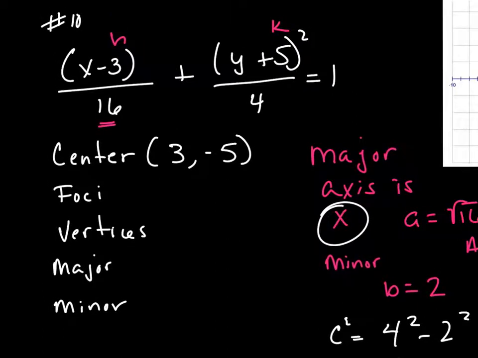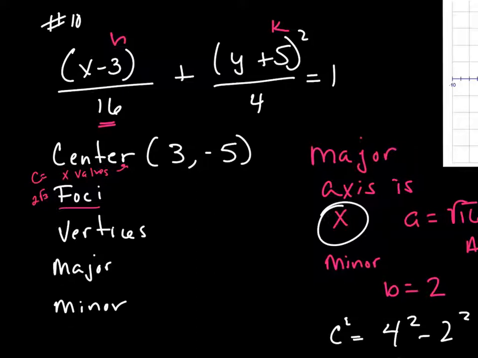So when we're finding the values for the foci here, there's a couple things we have to remember. First, because this is horizontal, the x value of the center changes. And the other thing we have to remember is what changes it by? It changes by c. And we found before that c was equal to 2 square root of 3.